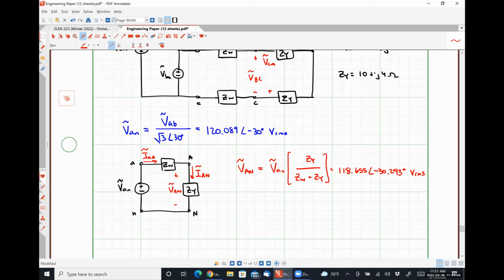And if we are, let's call it unaware or uncomfortable with using our transformations, how would we determine quantity VBA? You're putting too much work into it. Subtract 120 degrees from this angle, full stop.